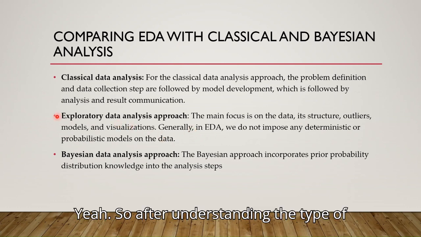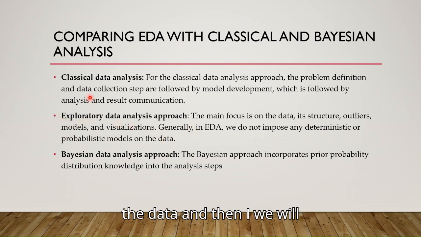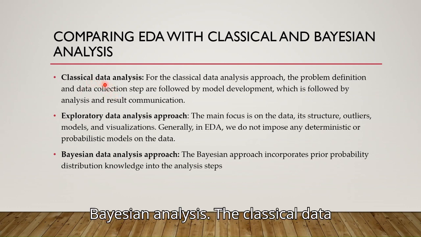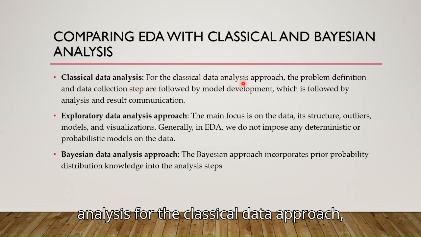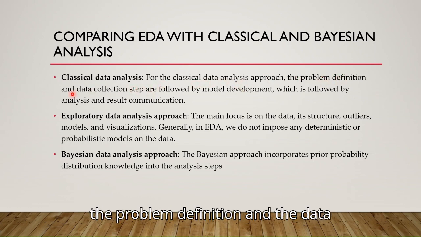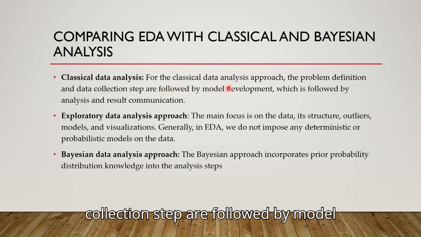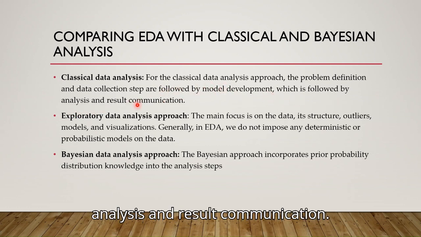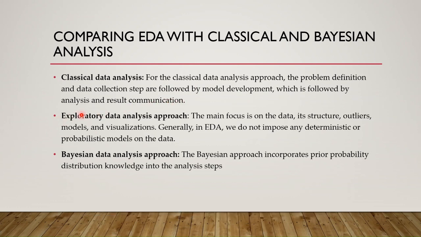So after understanding the type of the data, we will compare the data analysis with classical and Bayesian analysis. In the classical data analysis approach, the problem definition and data collection steps are followed by model development, which is followed by analysis and result communication.